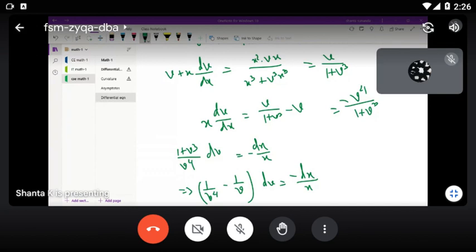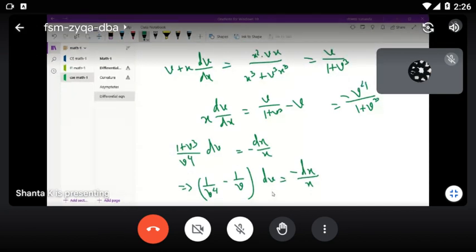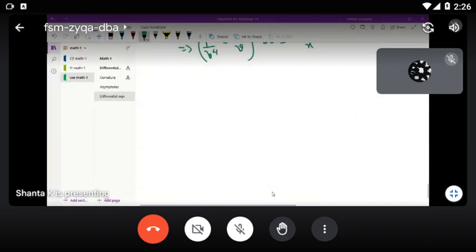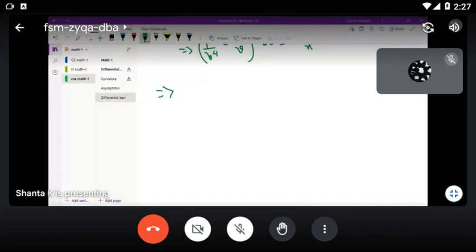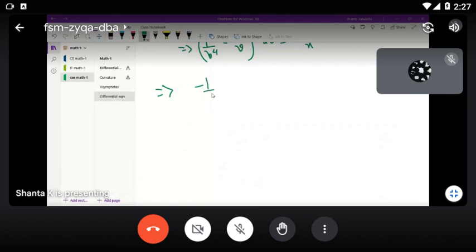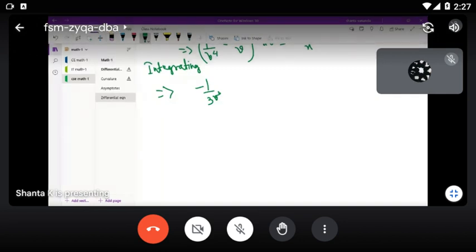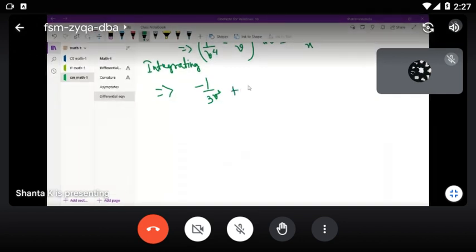So here what we are getting is, the solution becomes minus 1 by minus 3, 1 by v cube, after integrating both sides, minus 1 by 3 v cube minus log v plus log v.